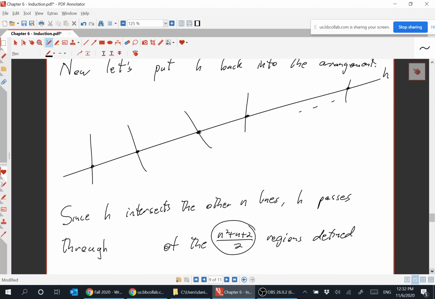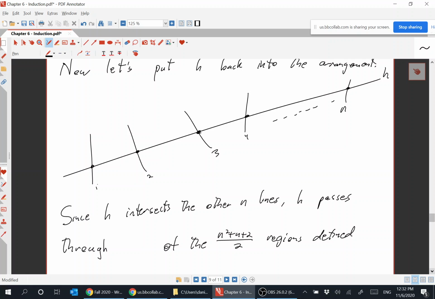How many of those regions does H pass through? Well, every time H intersects one of the lines, it passes from one region to another. So how many regions did it pass through? This is line 1, line 2, line 3, line 4, and so on.